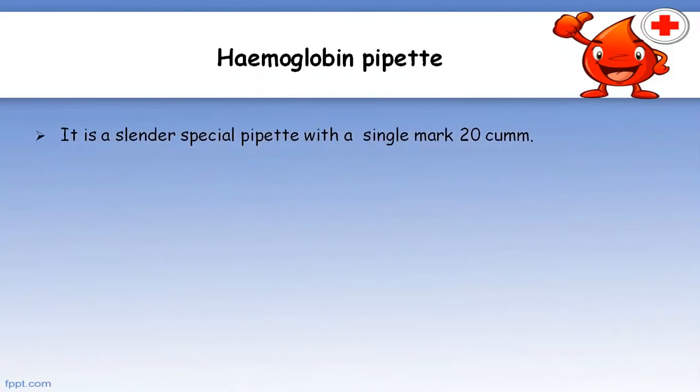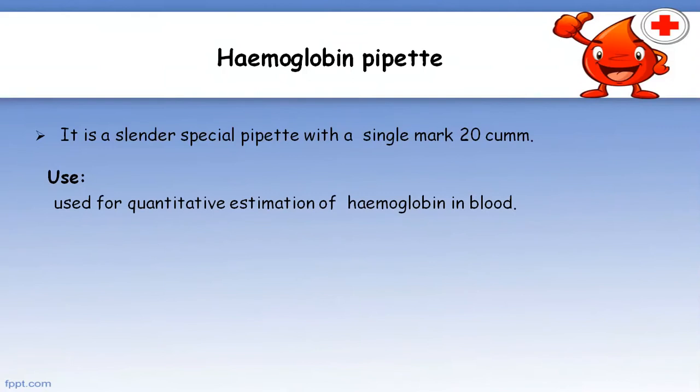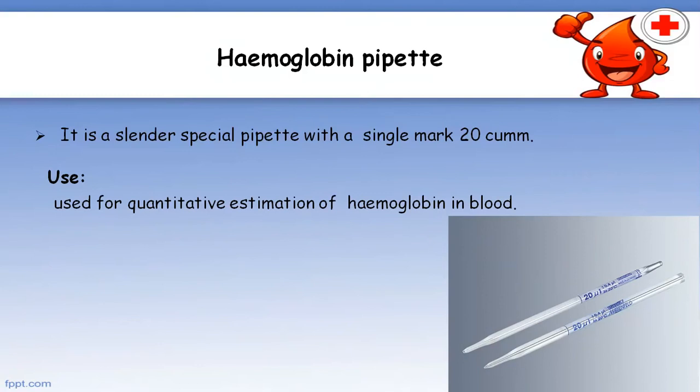It is a slender, special pipette with a single mark of 20 cubic millimeter, used for the quantitative estimation of hemoglobin in blood. Now see in the diagram, these are the hemoglobin pipettes, which contain the marking up to 20 microliter.